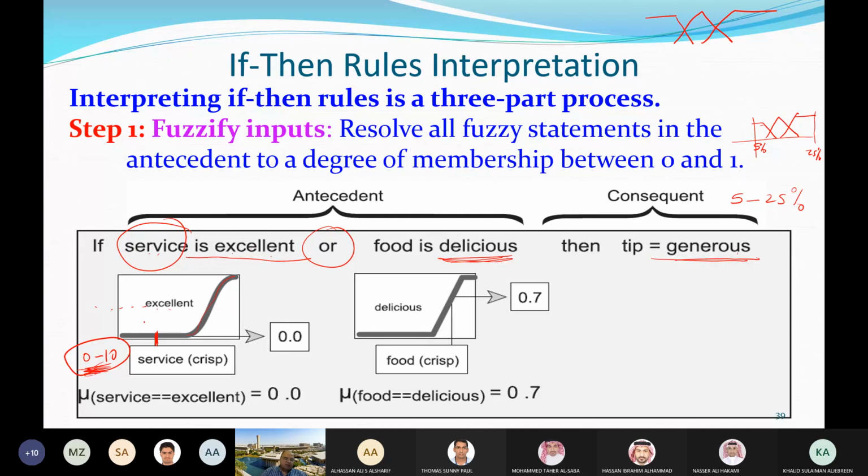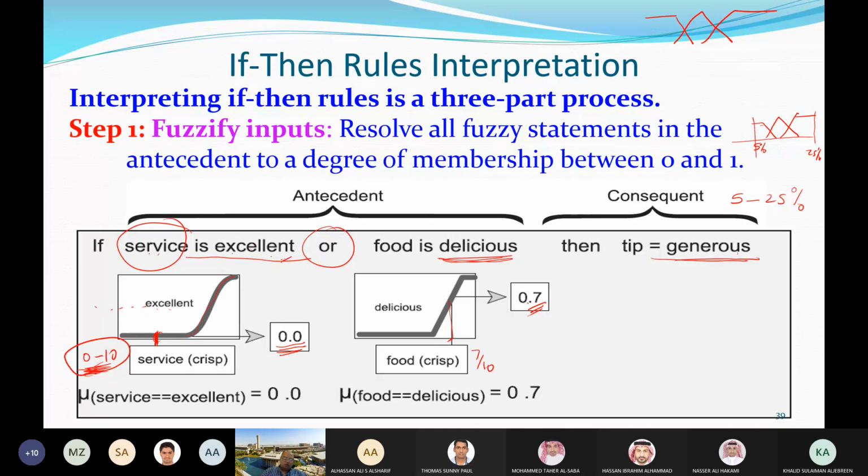Your evaluation here is like 2 out of 10. So in terms of excellent, this becomes 0. And you give the food, for example, 7 out of 10. So this 7 becomes 0.7 degree of membership.